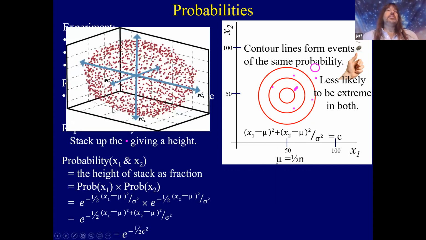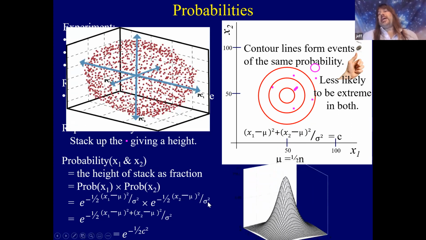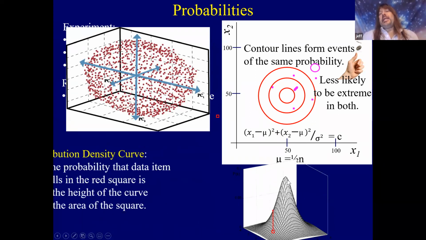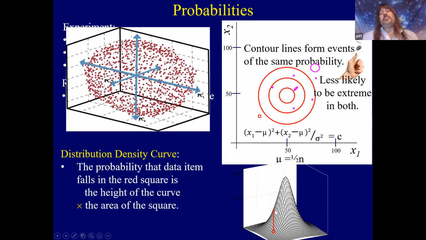And here's another example where we flip the coin 3 times. So they all sort of fall in this ellipse. And here's our probability distribution, this nice curve. And what do we do with these curves here?